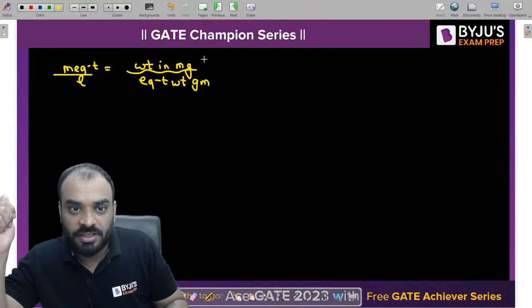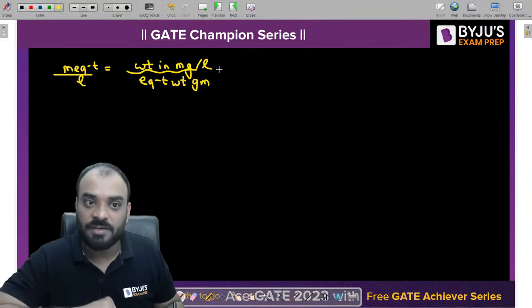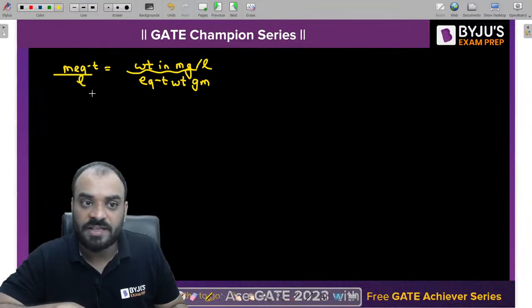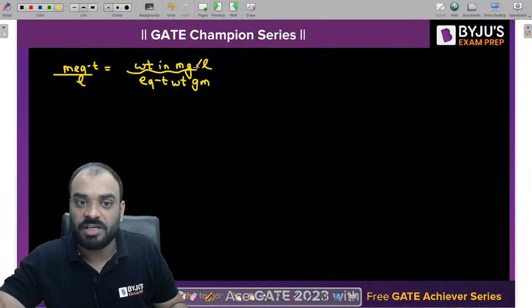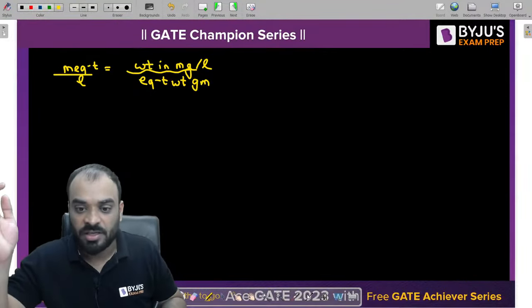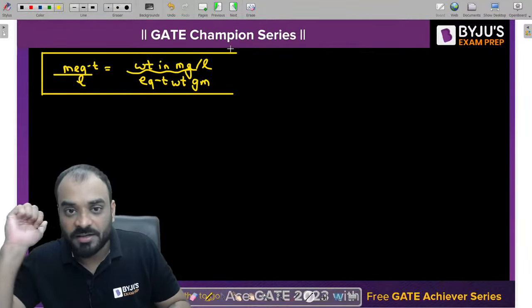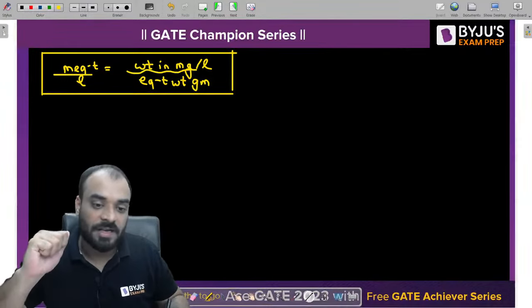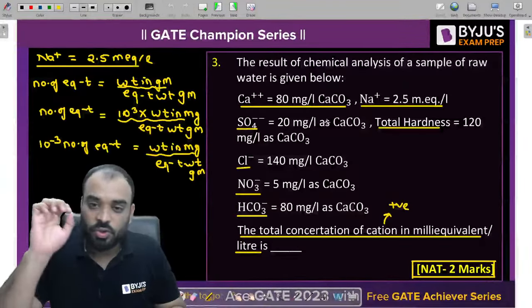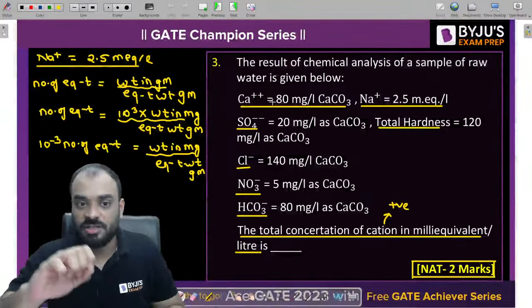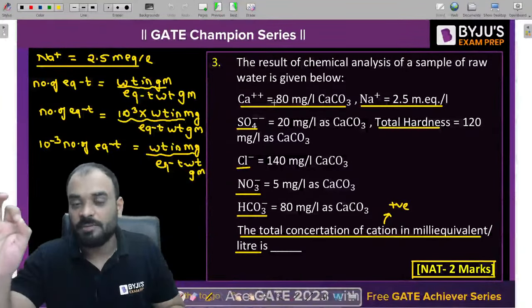What you get is milli equivalent per liter equals weight in milligram per liter divided by equivalent weight. This is the direct formula which you have to use in your calculation. Clear?